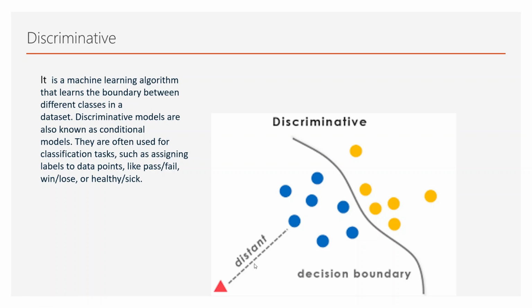Some students have passed, some have failed in the exam, so every student is given a label: pass or fail. Now this model will get trained and it will predict the label for the next image I give, whether the student is a pass student or a failed student. That is the job of your discriminative model.